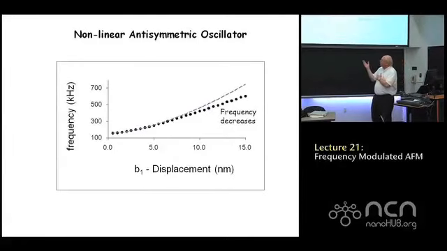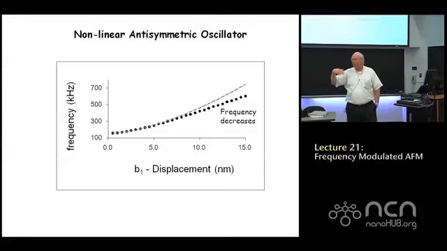Well, just to point out, for the parameters I chose, you can start to evaluate how the frequency depends on the displacement of the oscillator. And the dashed line in this plot indicates the case when the potential is symmetric. When you start to introduce this z cubed term, now for large amplitude oscillations, the frequency actually starts to decrease from what you would expect.